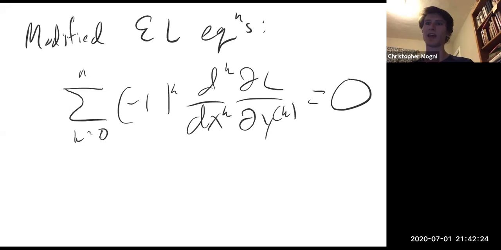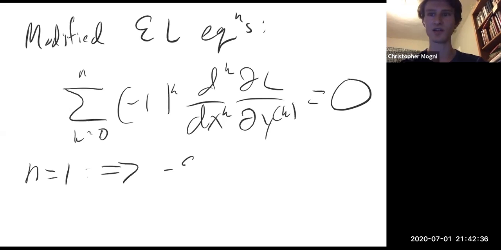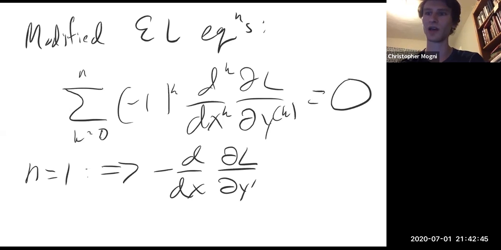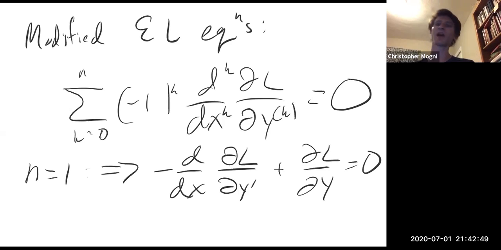It will be a higher order differential equation than what you were dealing with before. So if n is equal to 1, that is what you were dealing with in the rest of the textbook. There's only going to be 2 terms here, namely the term where there's one derivative, partial derivative, and the other one where there are none. So we recover the normal Euler-Lagrange equations.